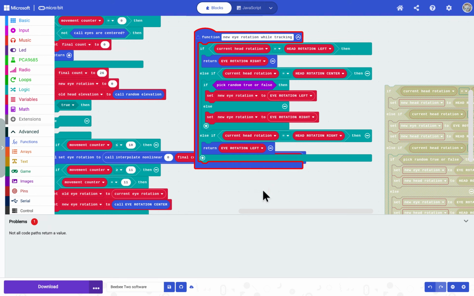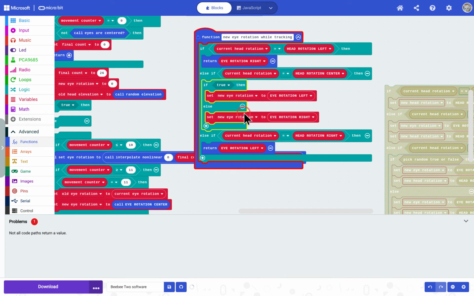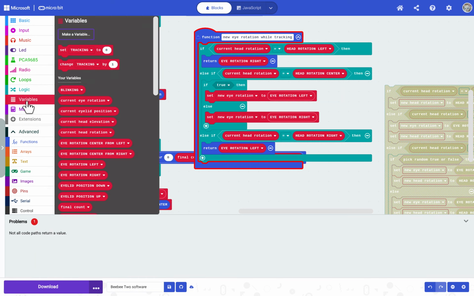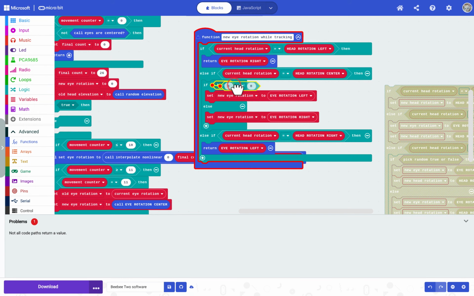Next. Now, I don't know that I want to pick random necessarily. I want to pick based on my current circumstances.